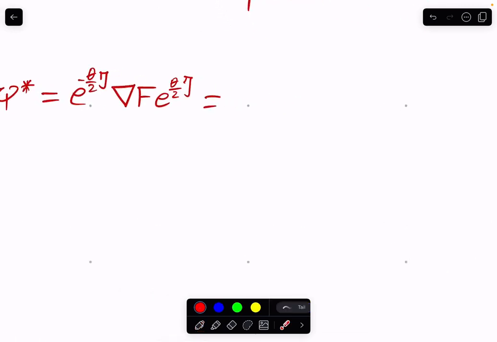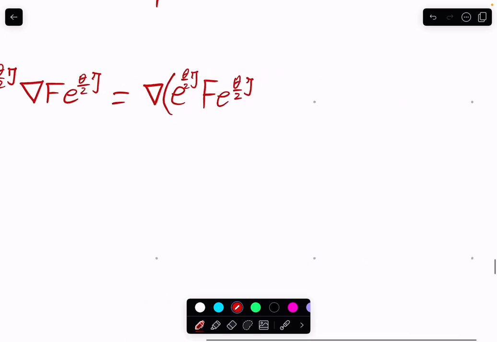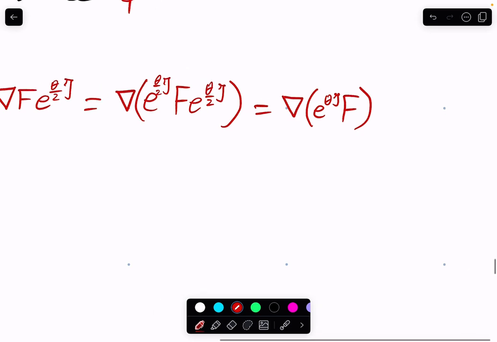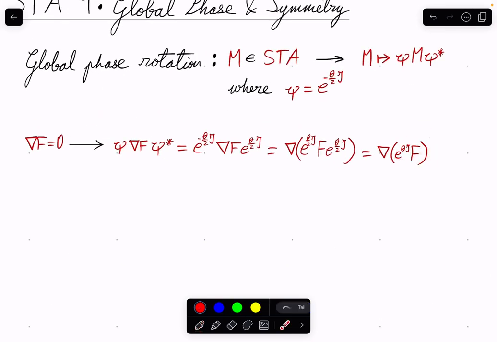This will anticommute with the vector that is the gradient. So you have the gradient, and then inside you have e to the theta over 2 I, F, e to the theta over 2 I, and this can simplify into just the gradient of e to the theta I F. And of course, this whole thing is still equal to 0 because of the gradient of F being equal to 0.